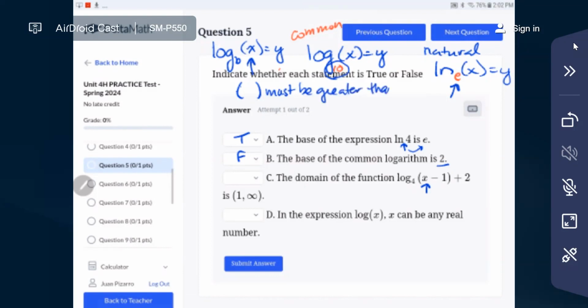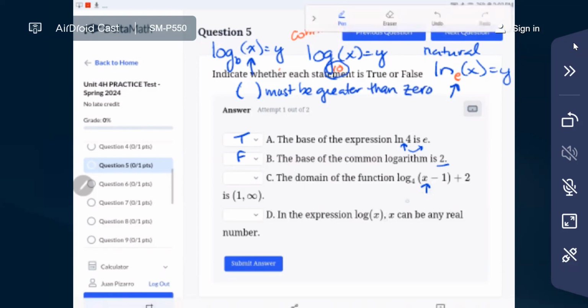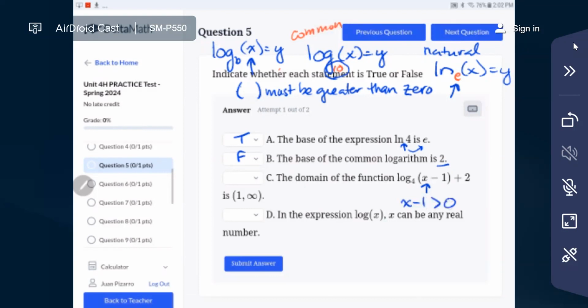So how do I make this argument positive? That means x minus 1 has to be greater than 0. And so in this case, x has to be greater than 1. That would make my domain starting at 1 and going to infinity. And so this one is true.